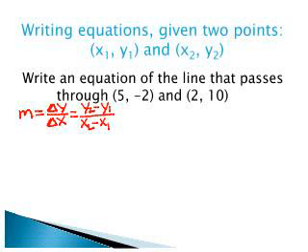So we're going to go ahead and do that for this line. The slope is equal to 10 minus a negative 2 over 2 minus 5. So when we add the opposite up here, we end up with 12 over negative 3.